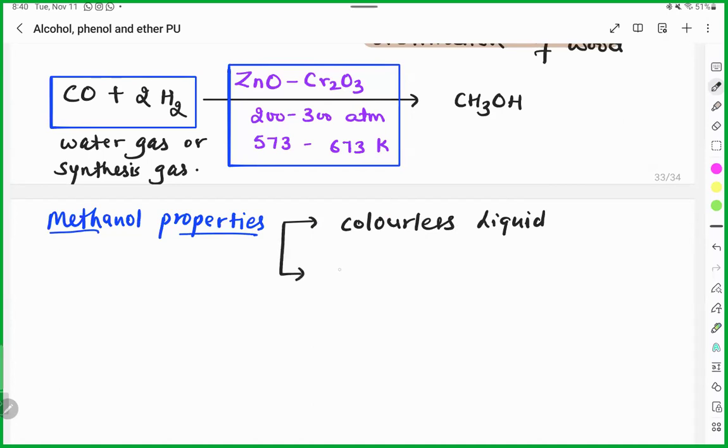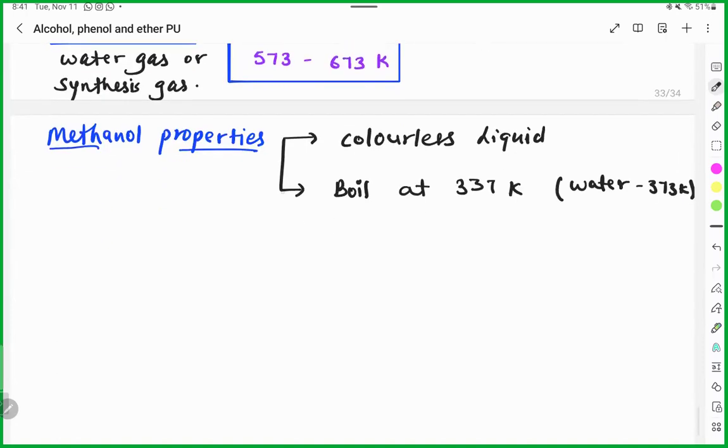You are not supposed to remember the number given in NCERT. What you need to know is that it boils more easily than water. For water the boiling point is 373 K, 100 degrees Celsius. Here it is 337 K. Is it poisonous? It is highly poisonous.